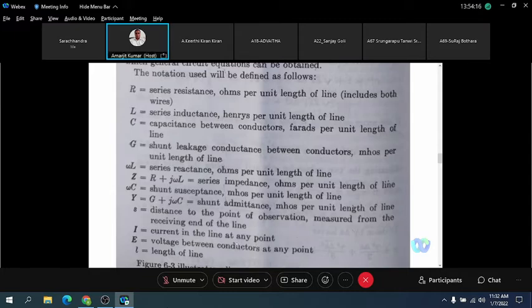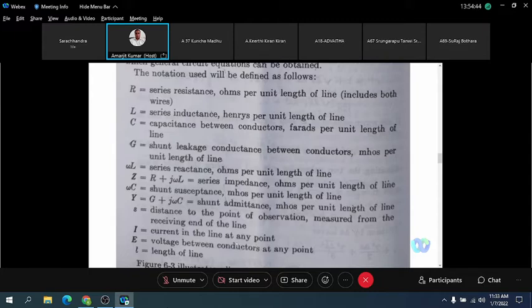And if we are measuring from the receiving end, we are measuring the distance S along the transmission line. So S is the distance along the transmission line from the receiving end. If S is equal to 0, that means the current will be the receiving current IR, and the voltage will be ER, the voltage at the receiving end.